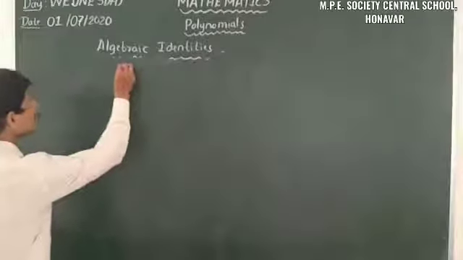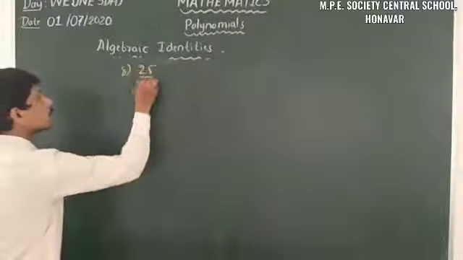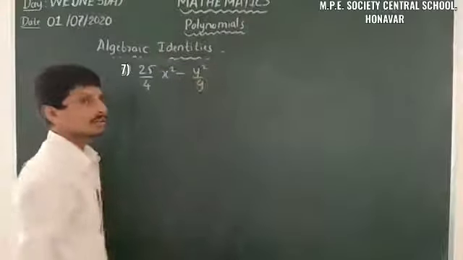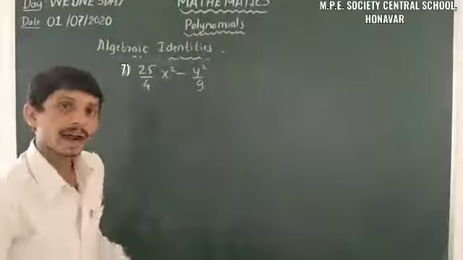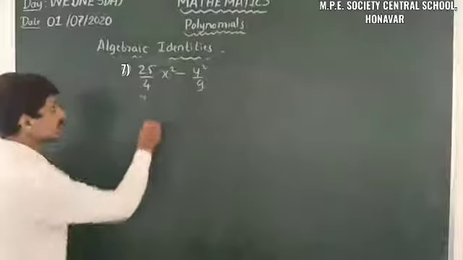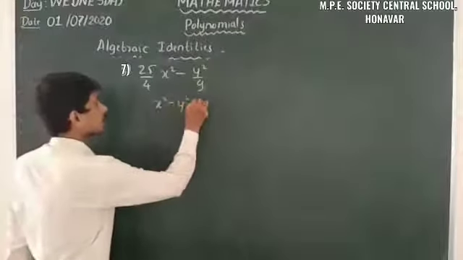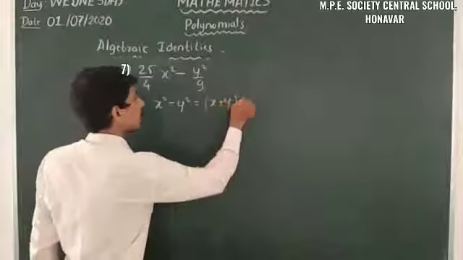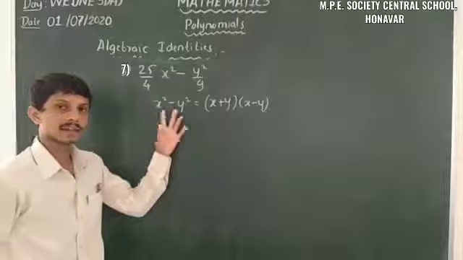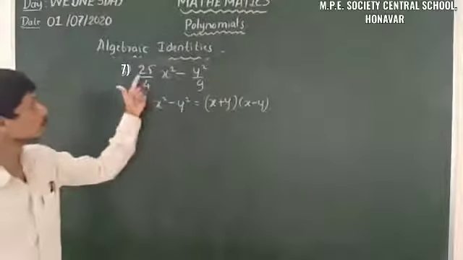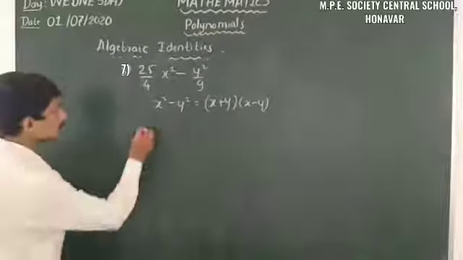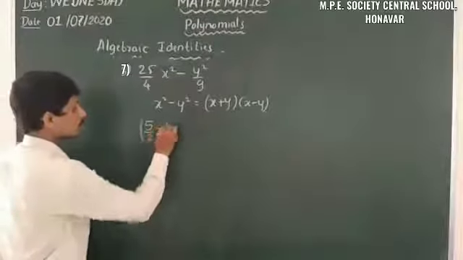The next one, the last problem, is 25 by 4 x square minus y square by 9. We have to express it in the form of an algebraic identity. Here we have to know that it's of the form x square minus y square, and x square minus y square is equal to (x plus y) into (x minus y). Observe here, 25 is the square of 5 and 4 is the square of 2, so that is (5 by 2 x) whole square.